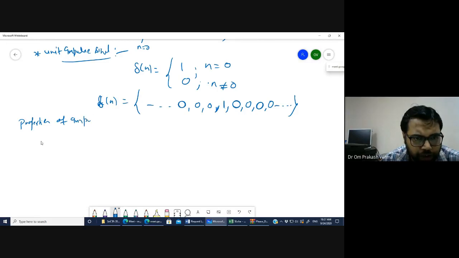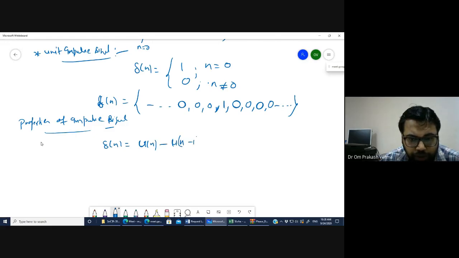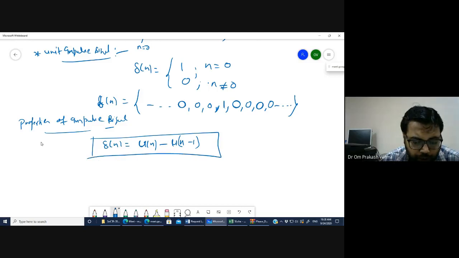We have seen the integration of delta t, and now we are writing these things in terms of discrete time, such as u[n minus 1]. We have already done it, so I'm not going to prove it. If you require, you can ask me.